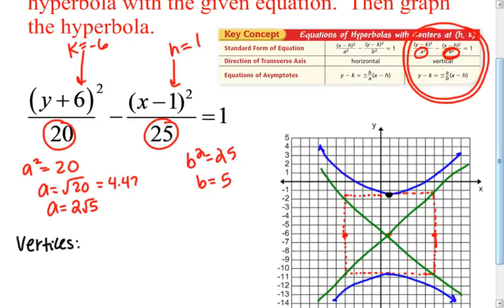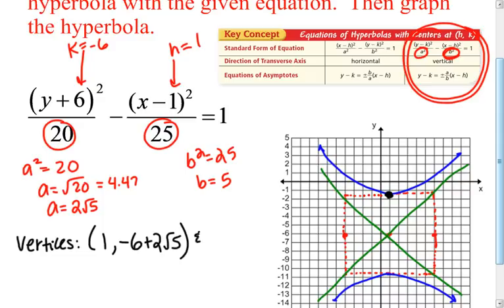And on my y value, my center started at negative 6, and then I went the square root of 20, which is also 2 root 5, up from that. So it'll be negative 6 plus 2 root 5 for this vertex up here.